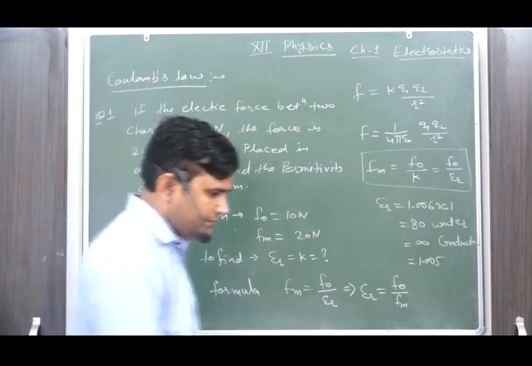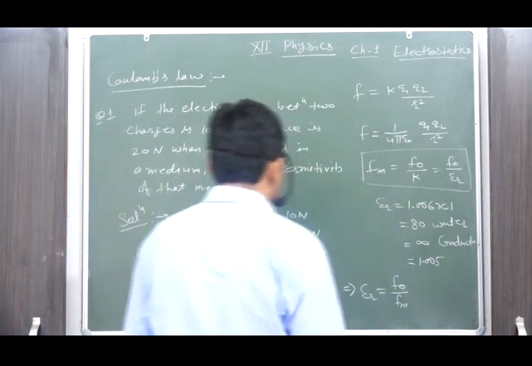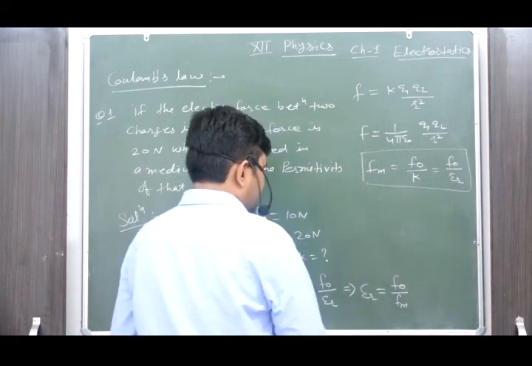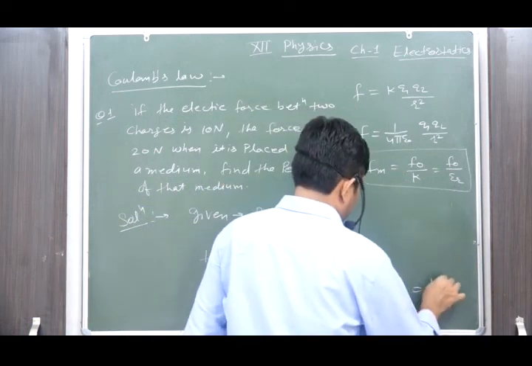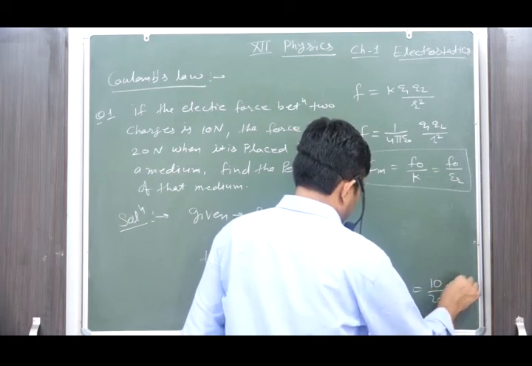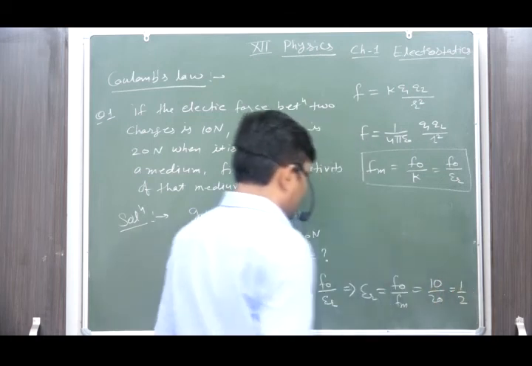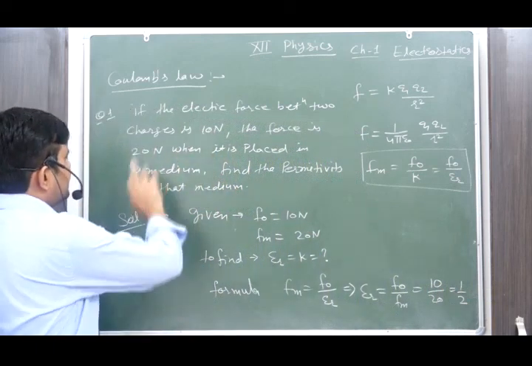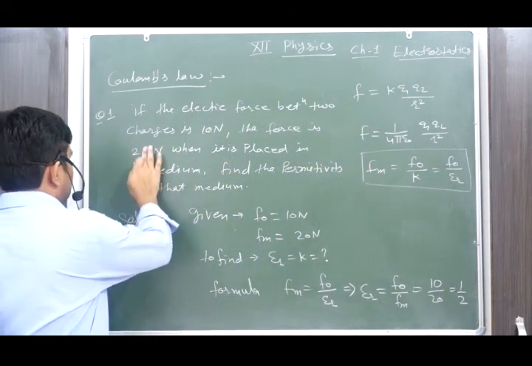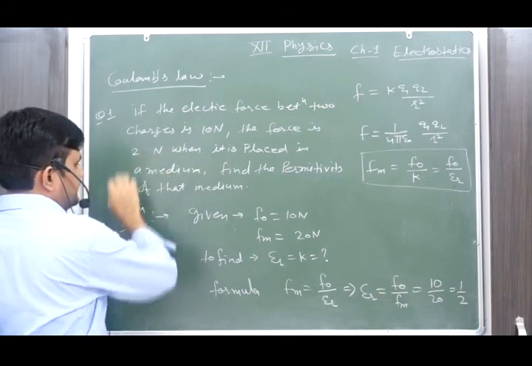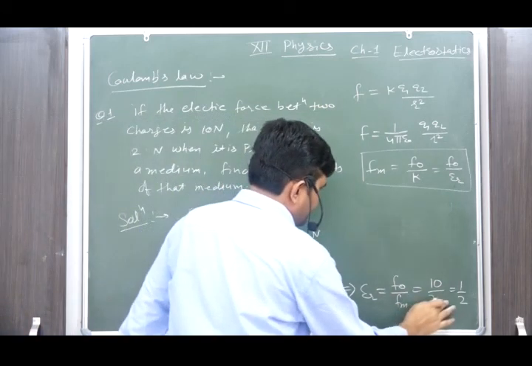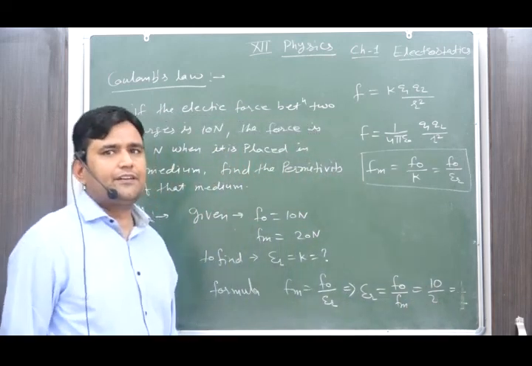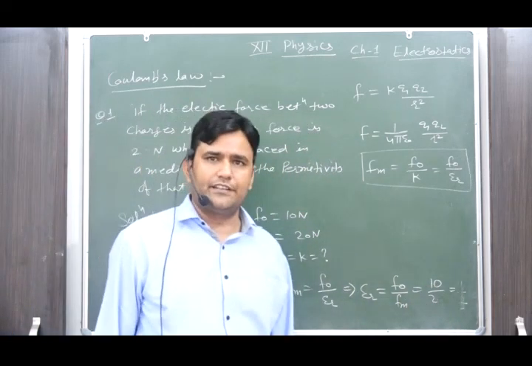Clear? Here I am putting down the values of F naught, 10, and 20, so it is equal to 1 by 2. In this case, to correct this we consider it equal to 2, because we know that the value of the dielectric constant is always greater than 1.